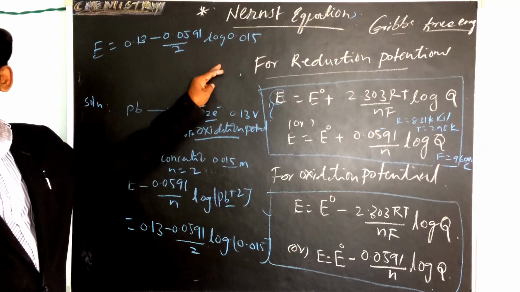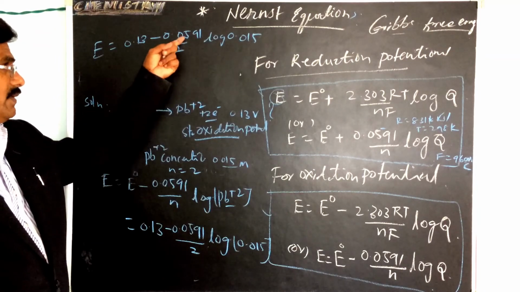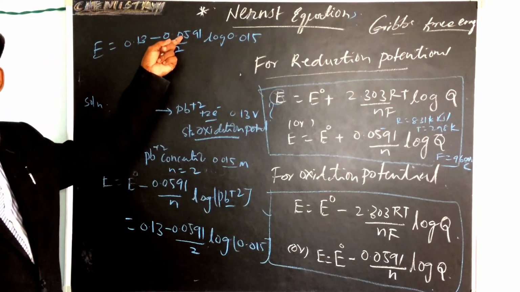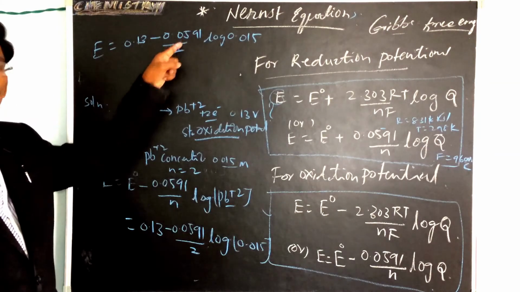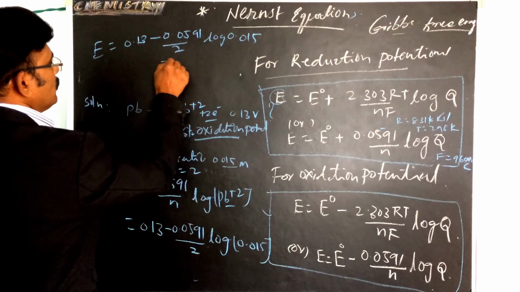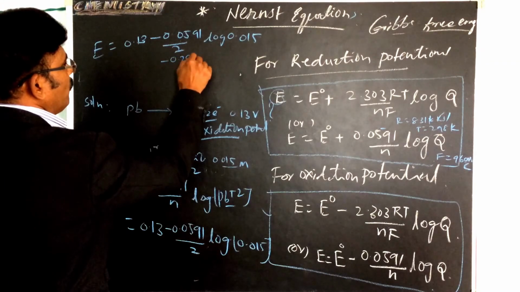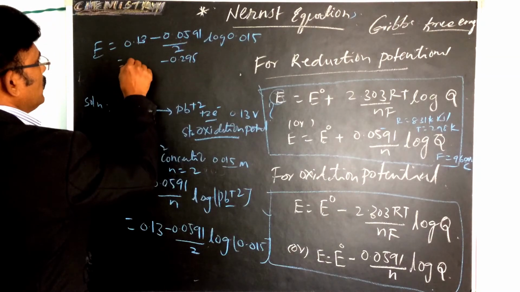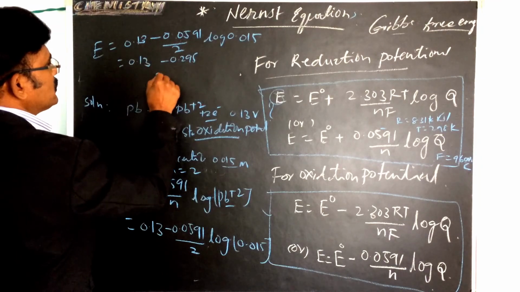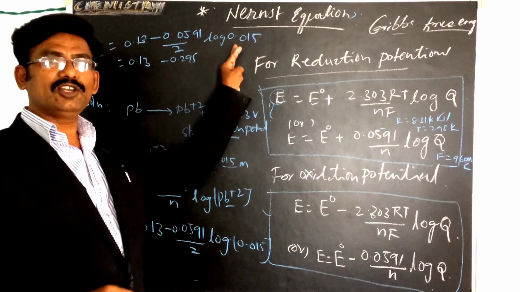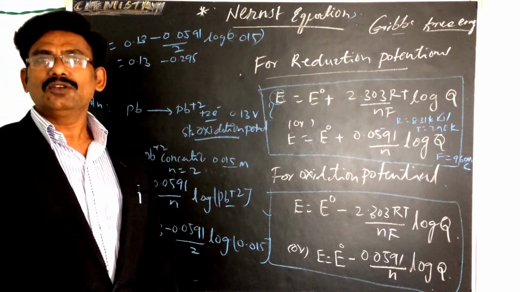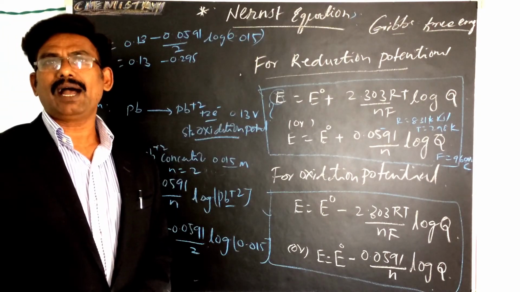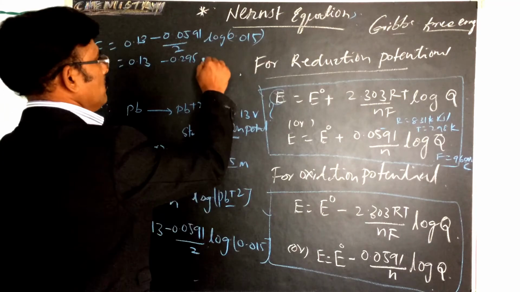Now what we have to find? First of all, divide this: 0.0591 divided by 2 gives 0.295. So 0.13 minus, and the log 0.015 value is minus 1.824.